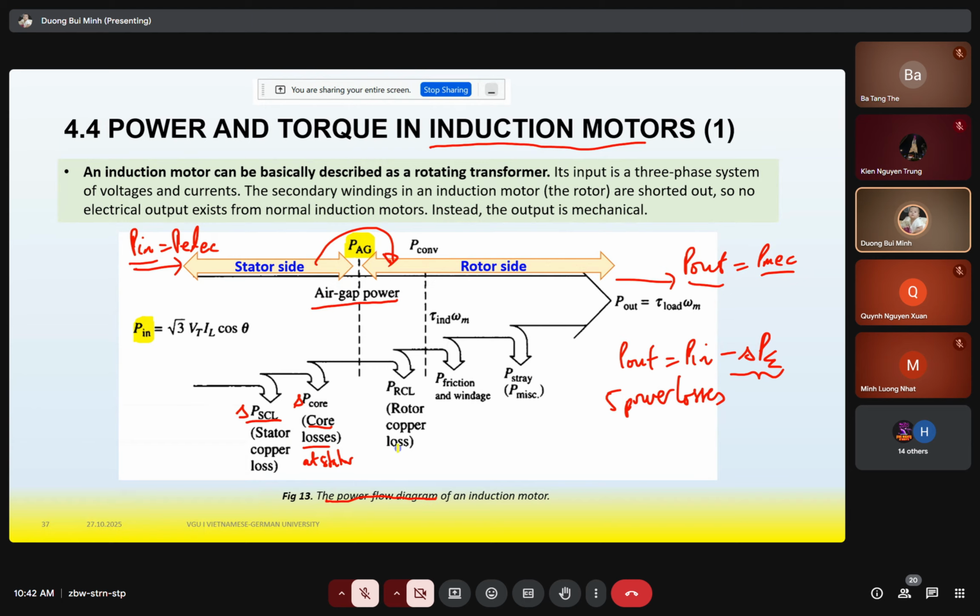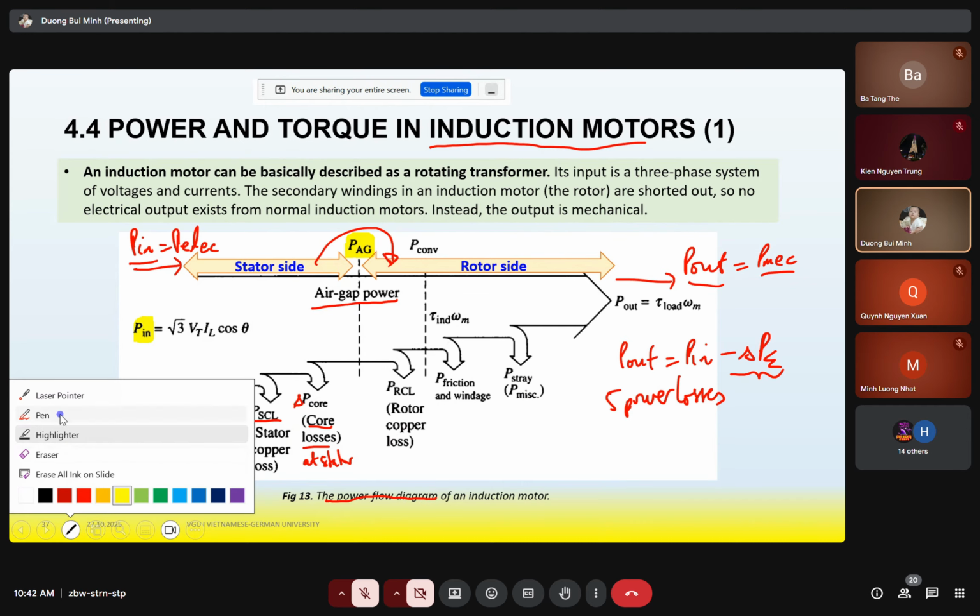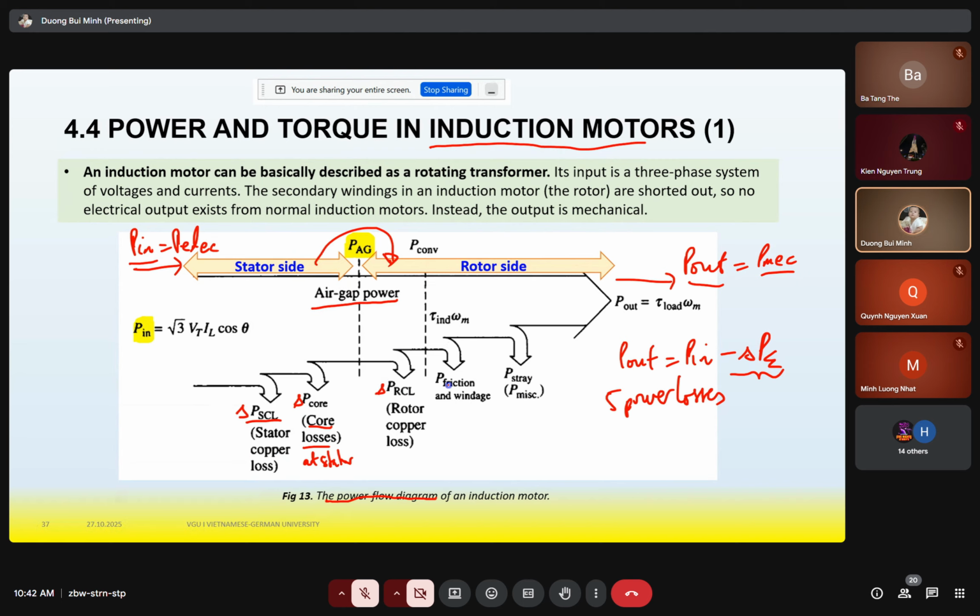If we continue to consider the rotor copper loss, delta P RCL, you get P convert.